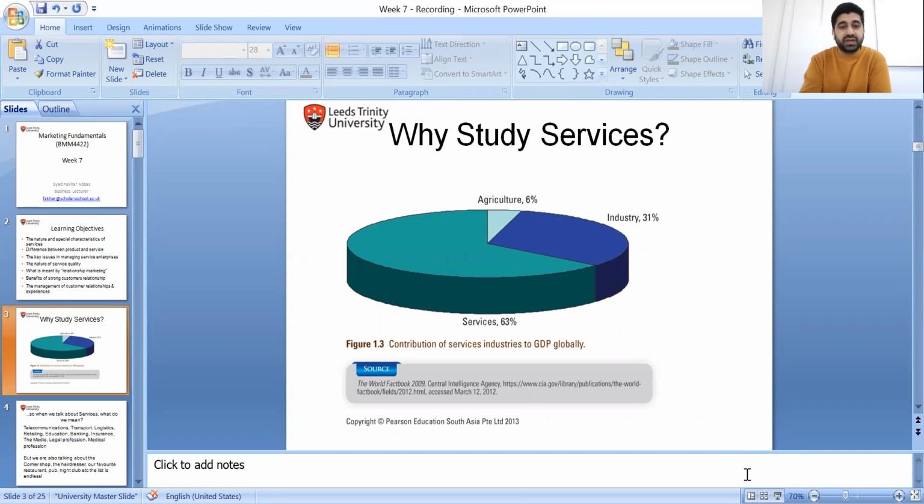So we can see here that out of 100% of our gross domestic product, 63% is contributed by services, 6% by agriculture, and 31% by the rest of all industries. We can see how important services are in the GDP and in this era.